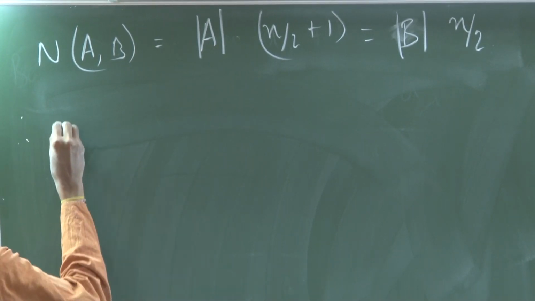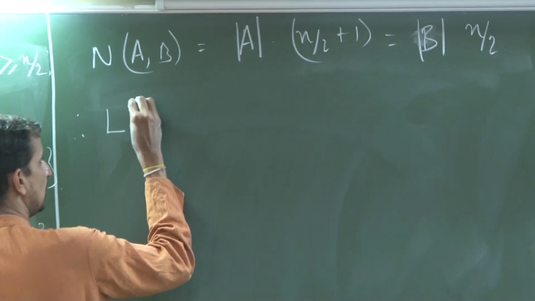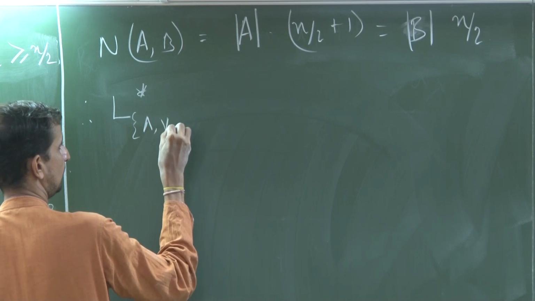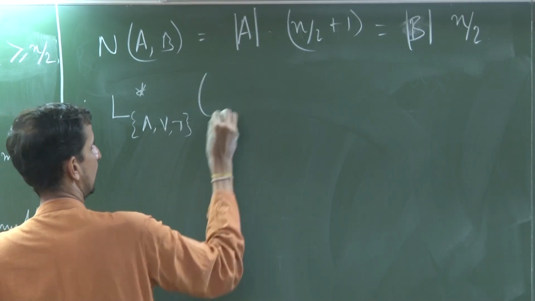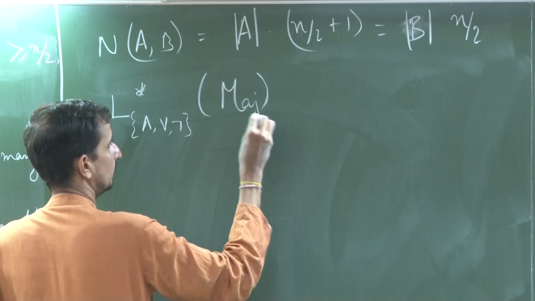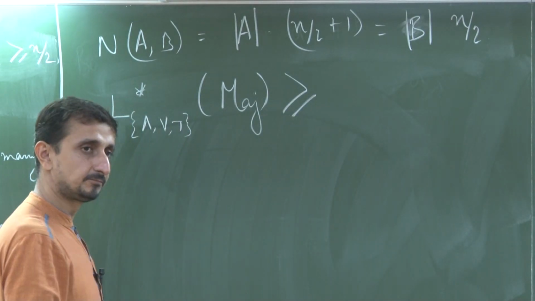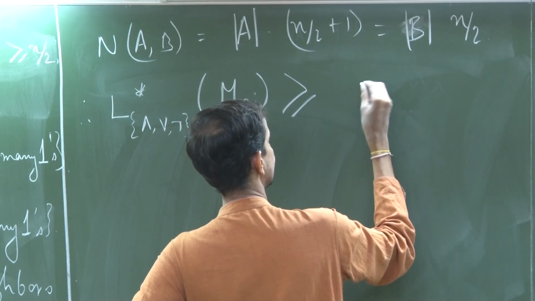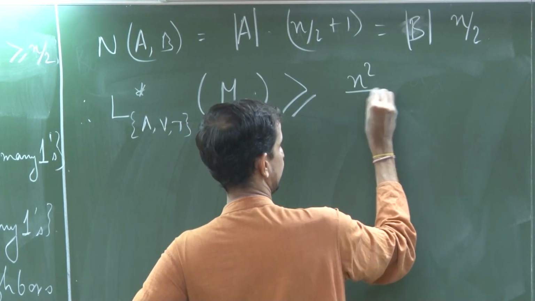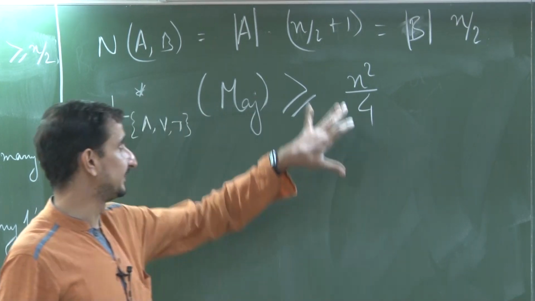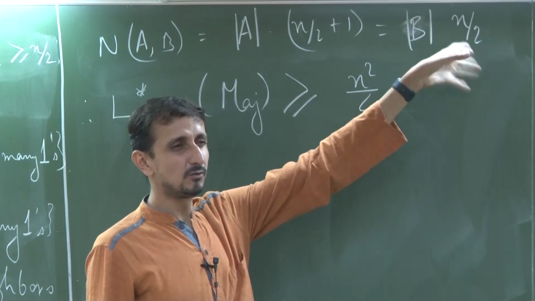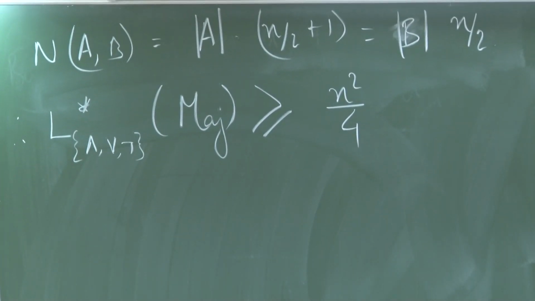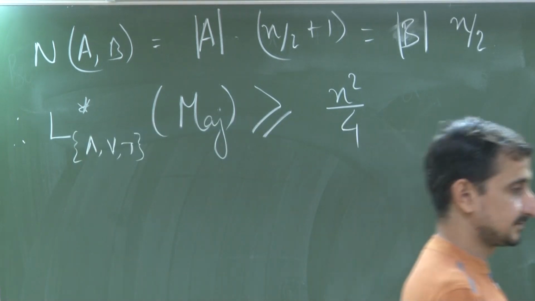So, therefore, L star of majority is greater than n square by 4. So, it is greater than n by 2 plus 1 into n by 2, which is greater than n square by 4. So, this is a lower bound on the formula size.